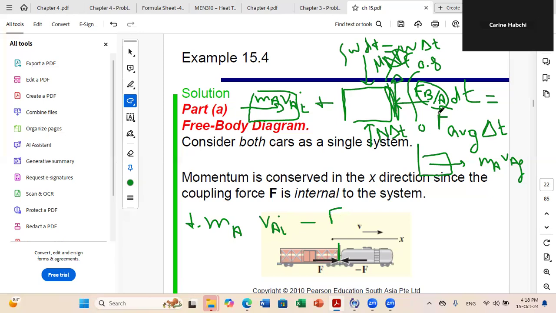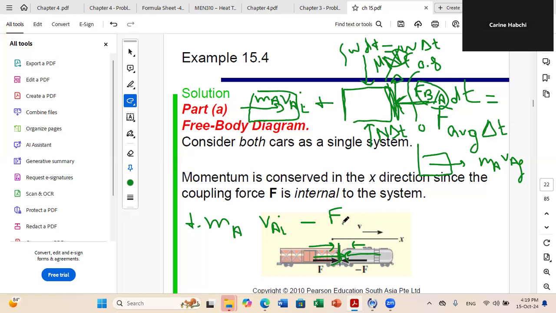Why minus? Because the impulse, how do we know this? Here we know this because it's due to collision, okay? A will push B in this direction and B will push A in the opposite one. If we are not sure about the direction, we can assume it. And then if we get a positive result, the assumption is right. If we get a negative result, the assumption is wrong, okay?